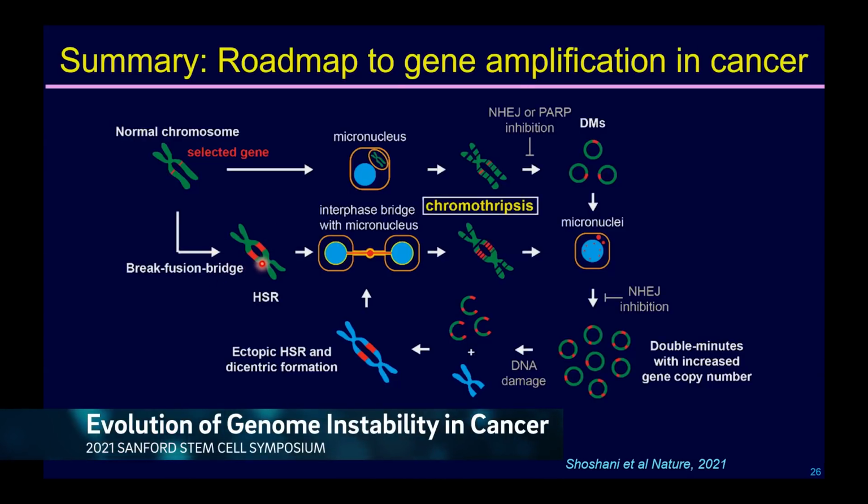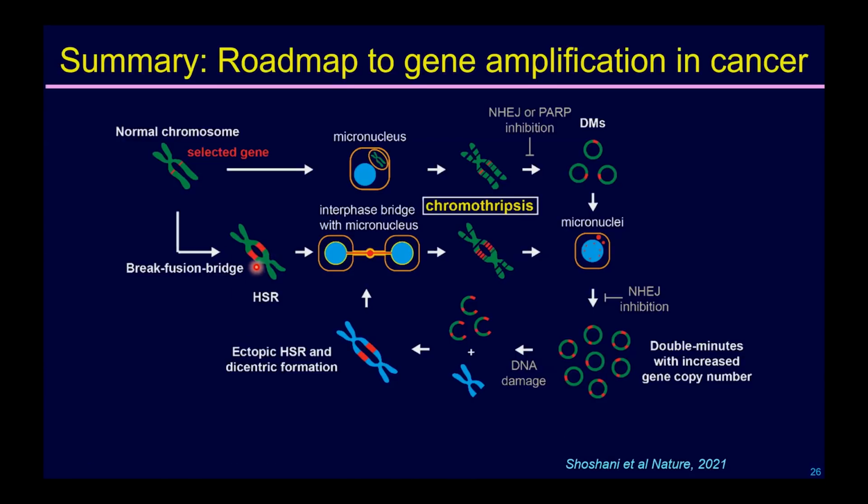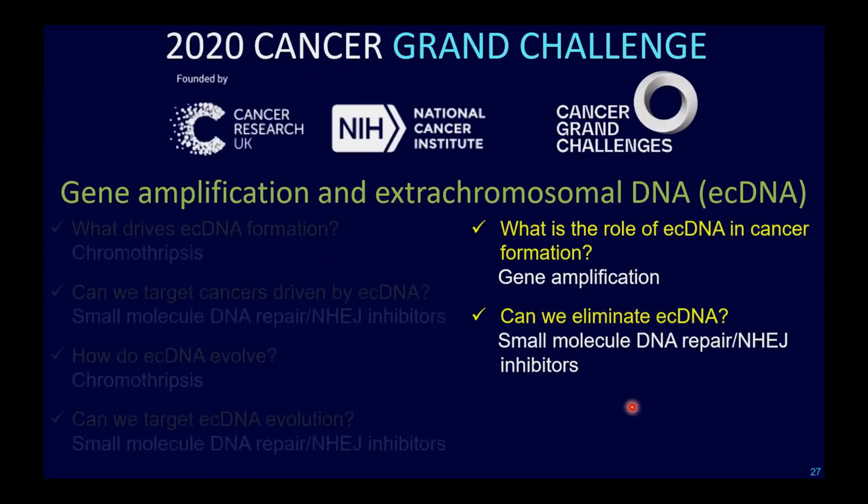And we demonstrated, but I don't show today, that these become dicentric chromosomes, they get the DNA stuck, especially with the amplified gene in the center, and it gets broken. You get micronuclei, they get shattered by chromothripsis. And so the HSRs are a predecessor of the ecDNA and more widespread gene amplification.